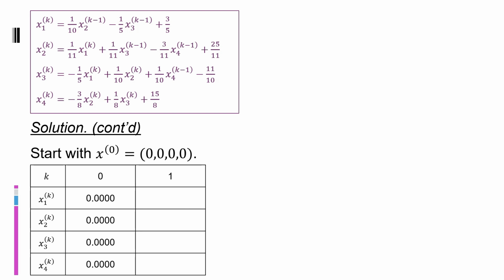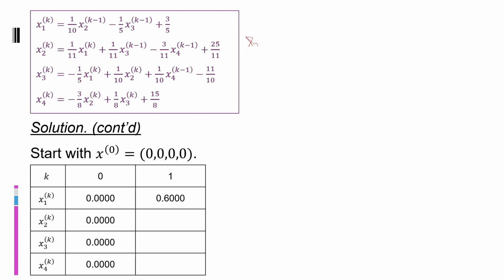So for our k equals 1, x sub 1 equals 1/10 times 0 minus 1/5 times 0 plus 3/5. So that is now equal to 0.6.